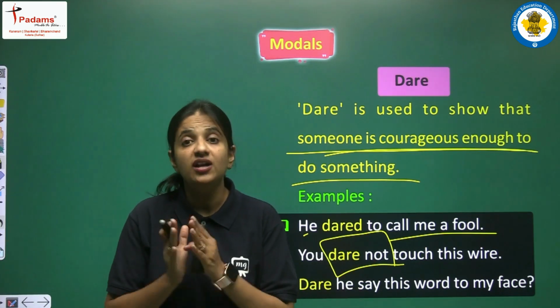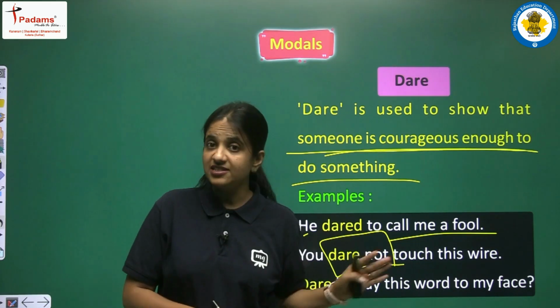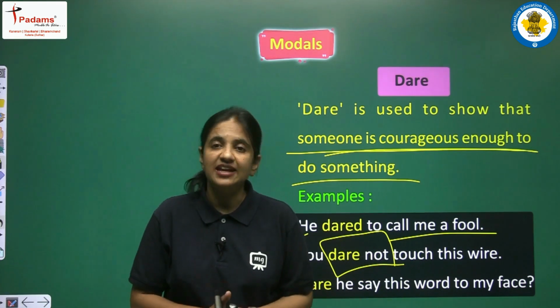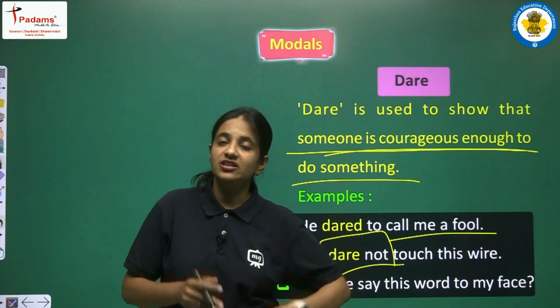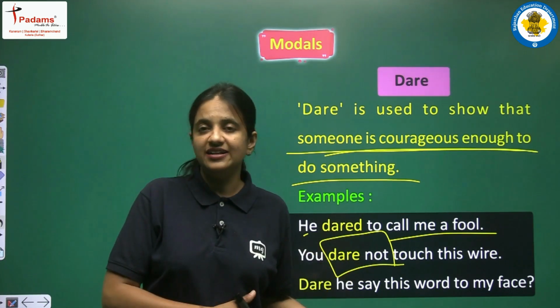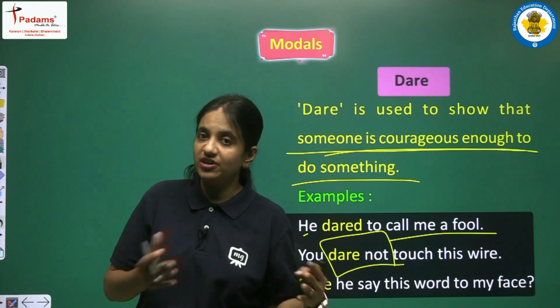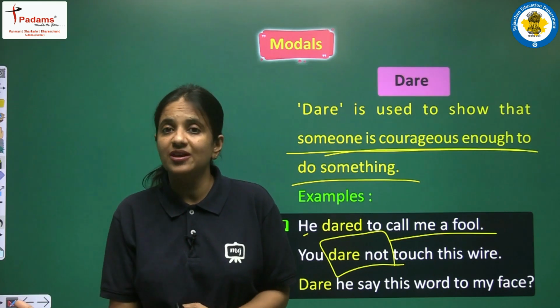So you have to learn, students, all the different uses and also observe the sentence structure very carefully, as I have told you already. Again I am repeating, observe the sentence structure, because when modals are used differently, the structure of the sentence also changes accordingly.